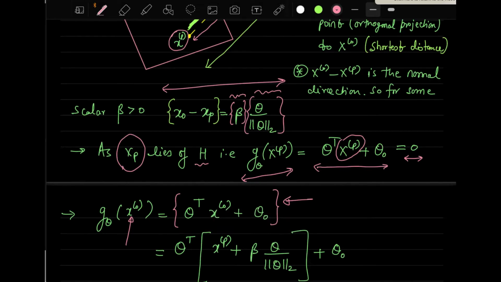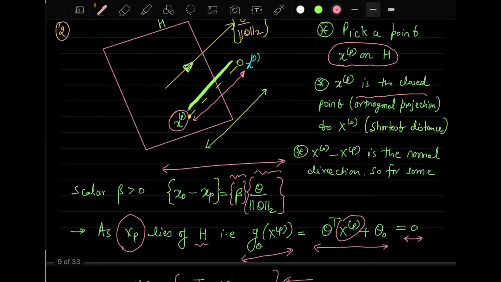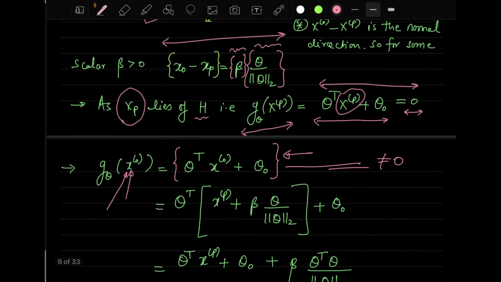If x0 is there, will it be 0 or not? It's as simple as that: x0 is not lying on the hyperplane, so it will not be equal to 0. Yes, right, because xp is lying on the hyperplane, so we put it as 0. Here we are not putting it as 0.